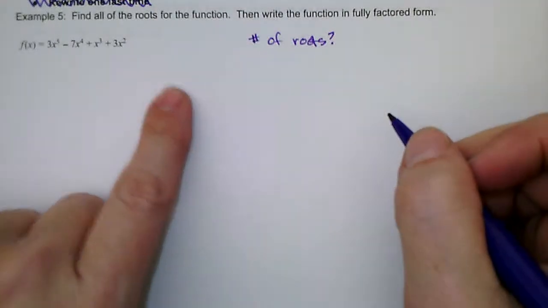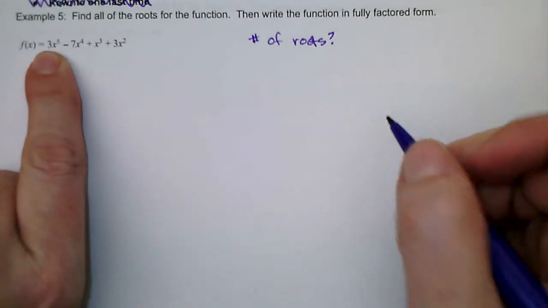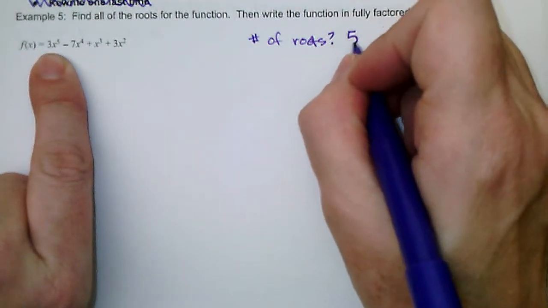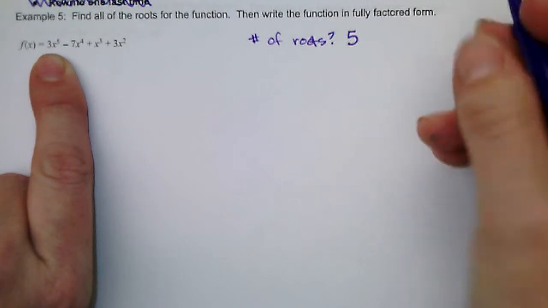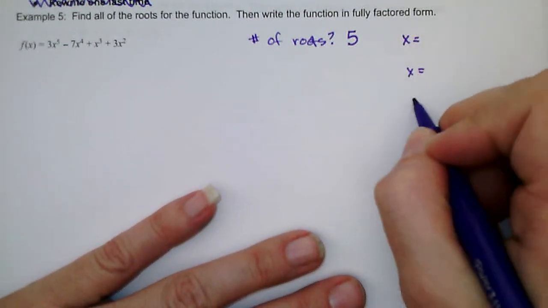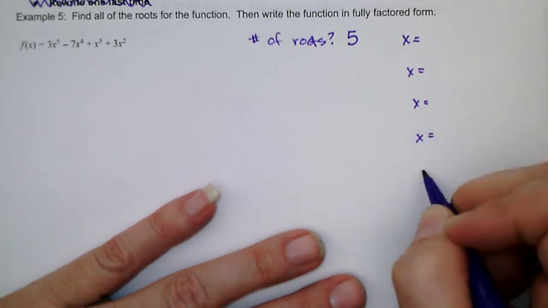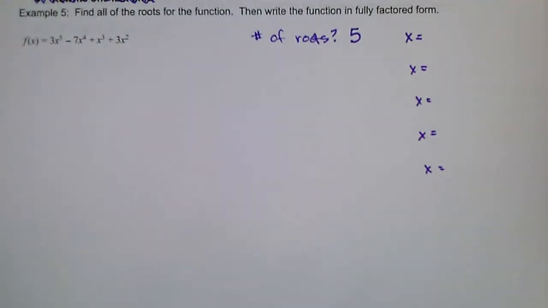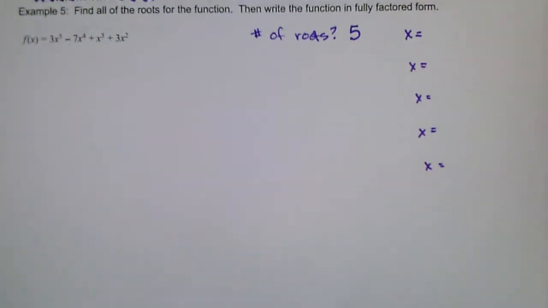And we do that by the degree. So I look at the highest degree, and that is 5. So there will be 5 roots. So we can at that point make a list of x equals, 5 times. And when we have this whole list full, then we know we're done.